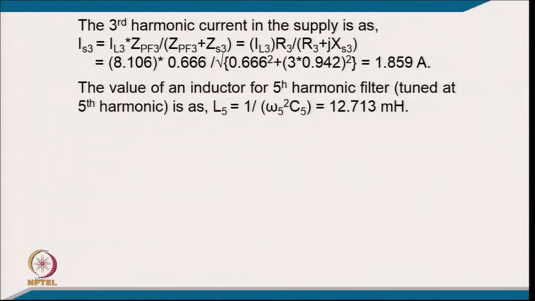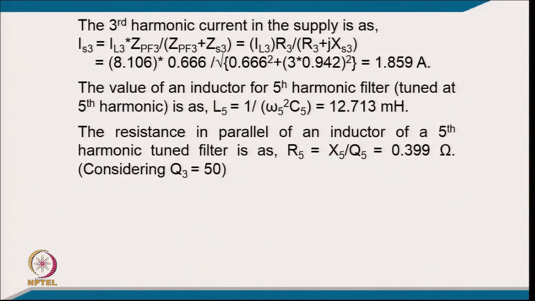The value of the inductor for fifth harmonic, tuned at fifth harmonic, is L5, that is 1 upon omega 5 square into C5. So, it comes 12.713 millihenry, and the resistance of the inductor of the fifth harmonic filter is R5 equal to X5 by Q5 from the quality factor.